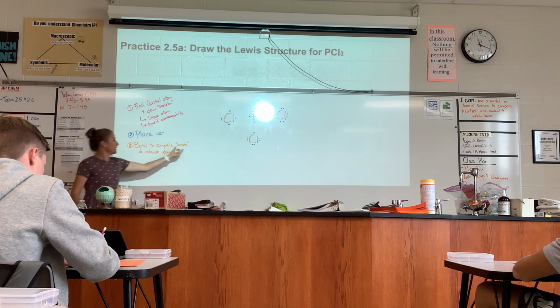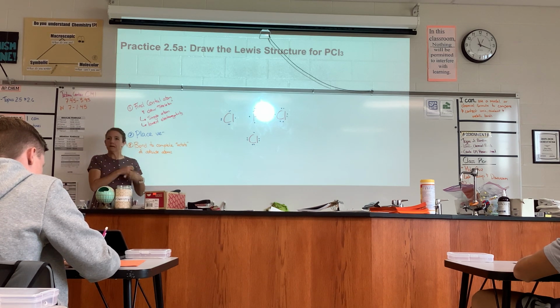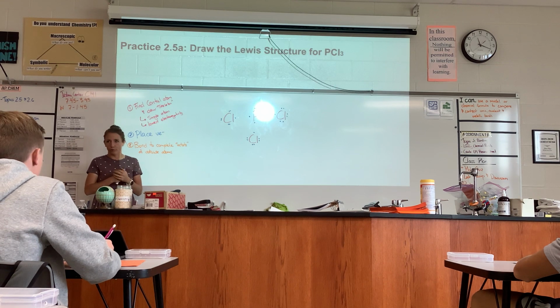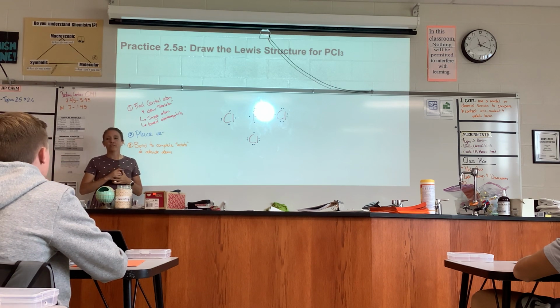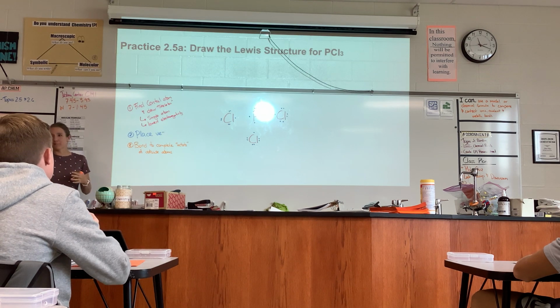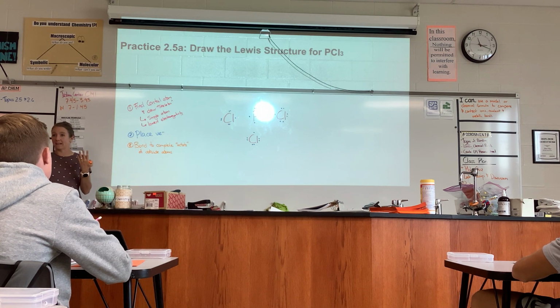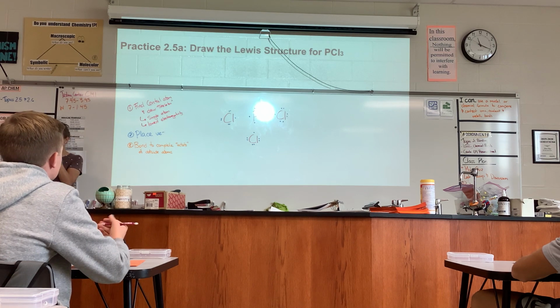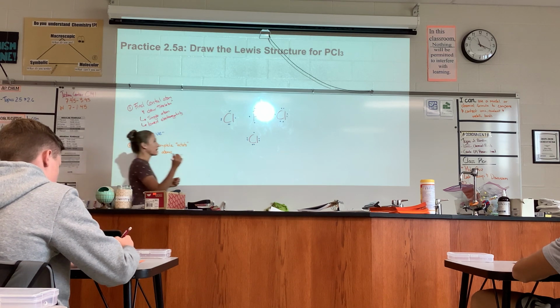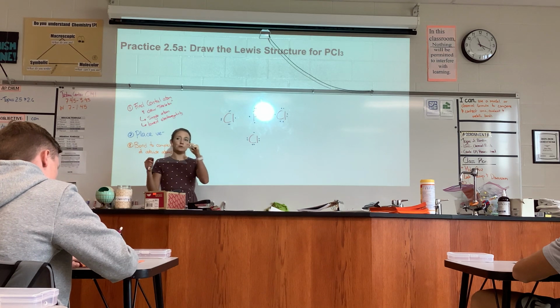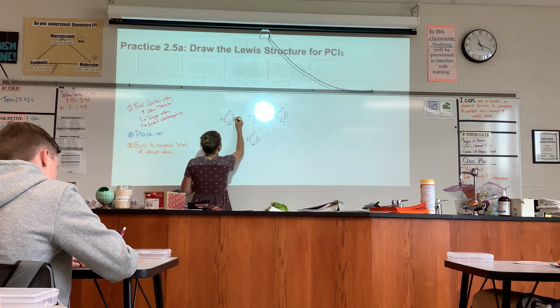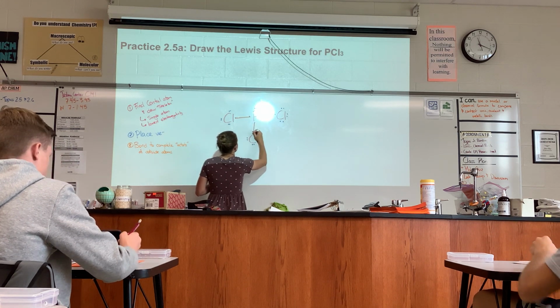I put octet in quotation marks because there's one atom that doesn't need 8 to be full: helium. Technically 2. Helium never bonds, but hydrogen would only ever bond once, because hydrogen only needs 2, since the inner shell only holds 2. So what we're going to do now is share: I share with you, you share with me. Connect 2 dots and turn them into a line.